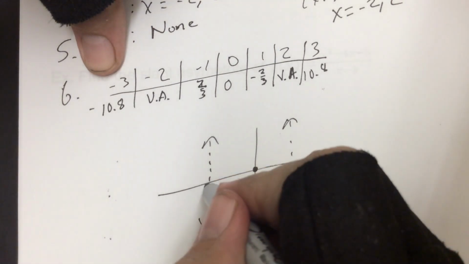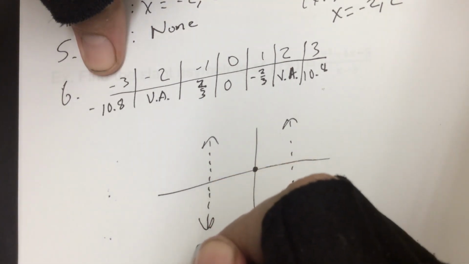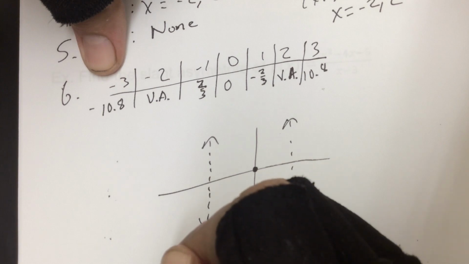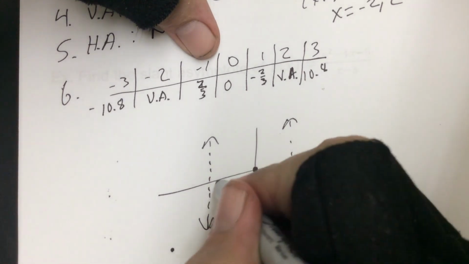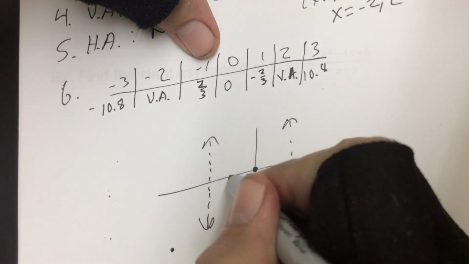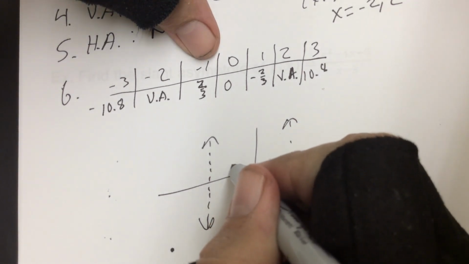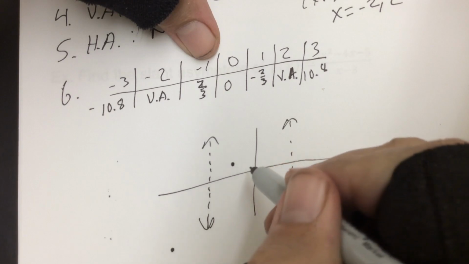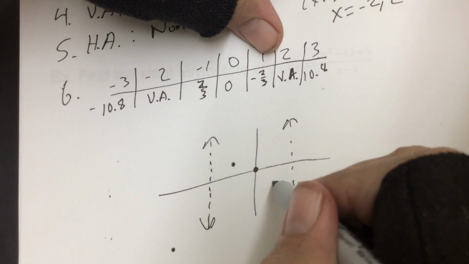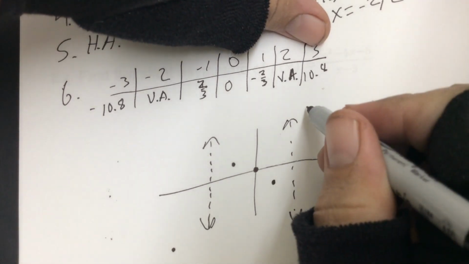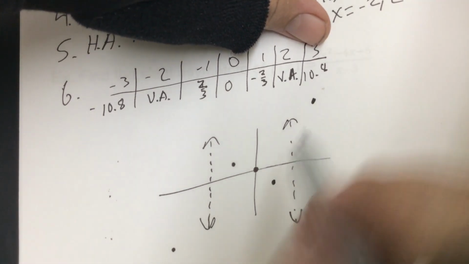Now, at negative 3, we're at negative 10.8. At negative 1, we're at 2/3. So negative 1, 2/3. 0, 0. 1, we're at negative 2/3. And at 3, we're up here again at 10.8.